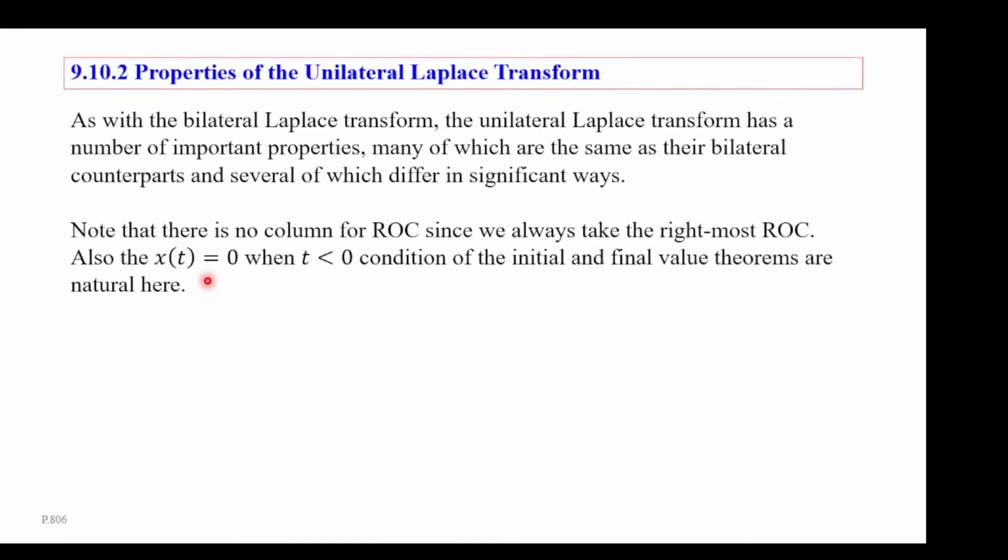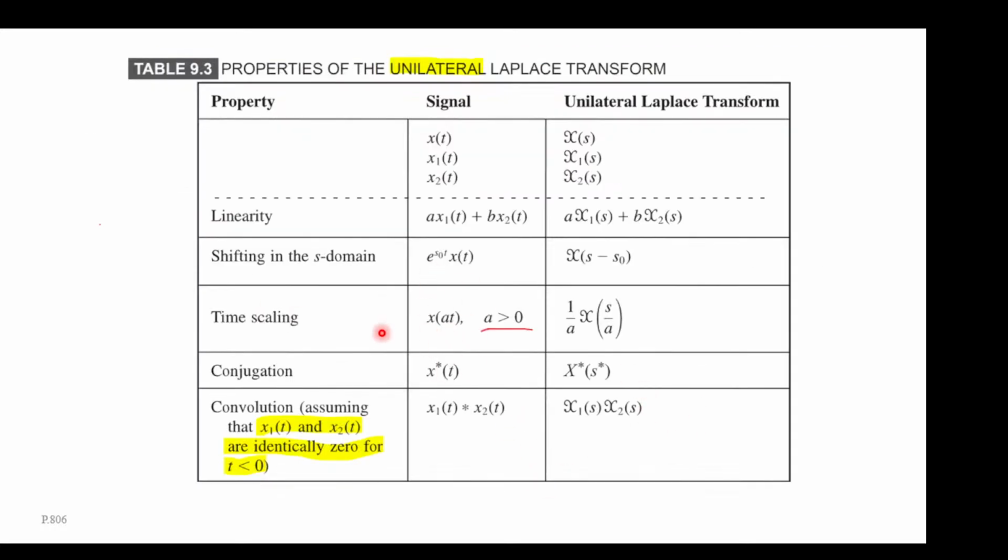Because x of t must only have signal when t is greater than 0, you cannot have time inversion that maps the t greater than 0 part to the t less than 0 part. So a needs to be greater than 0 here. The conjugation is the same as before: x star of t transforms to big X star of s star.